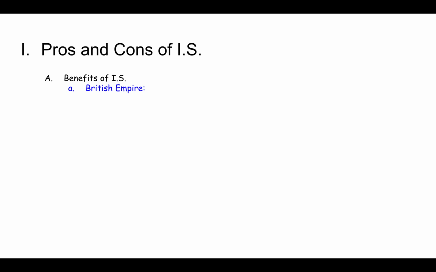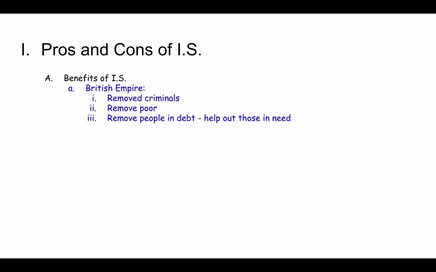Lowercase a, the British Empire. So we're going to focus on the British government first. Here are the benefits for the British Empire. Lowercase Roman numeral 1, it removed criminals from the cities. Lowercase Roman numeral 2, it removed the poor. And lowercase Roman numeral 3, it removed people that were in debt.